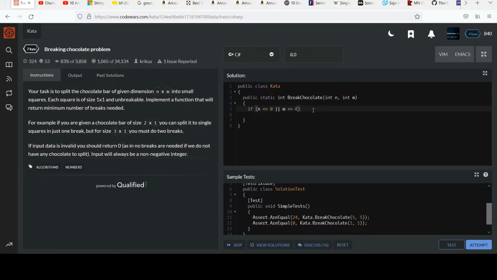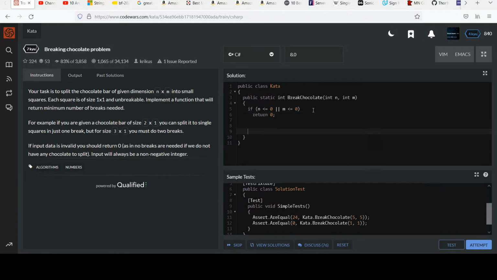If either one of those is invalid, the whole problem's kind of off. You could have a perfectly valid value for one of the dimensions, and that doesn't help if the other one's 0. So in this case, I'm just going to say what the problem told us to do, return 0.